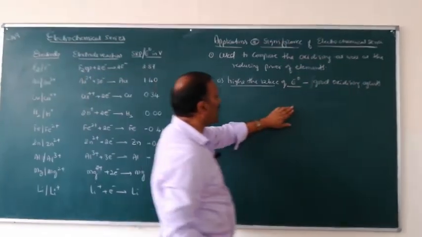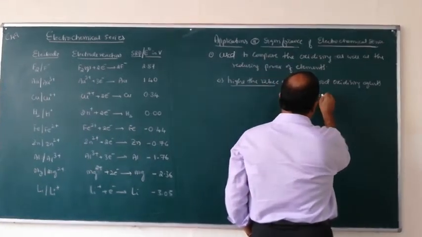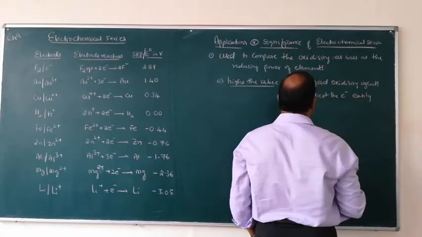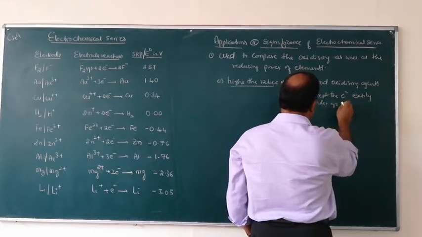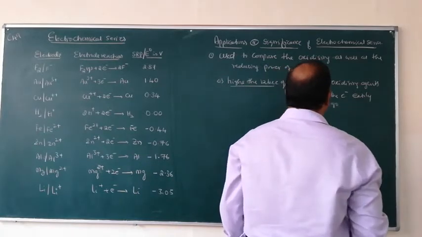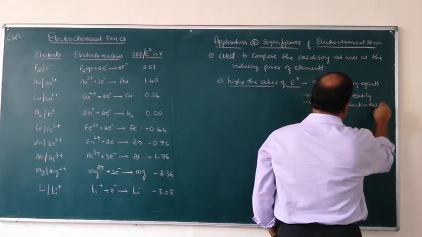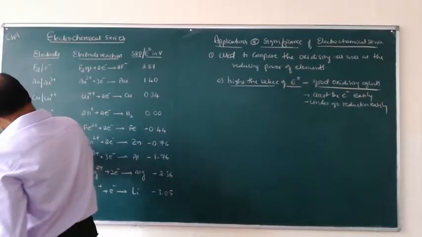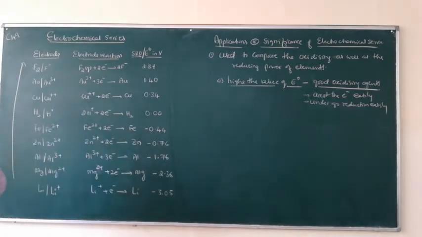What is the meaning of good oxidizing agent? It can accept the electrons easily, undergo reduction easily. So good oxidizing agents. In this direction, oxidizing power increases.